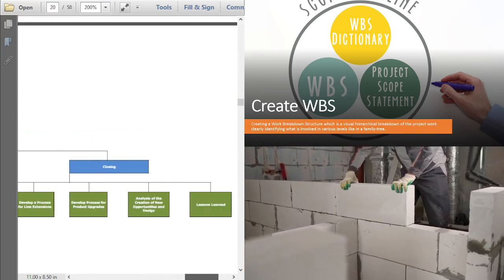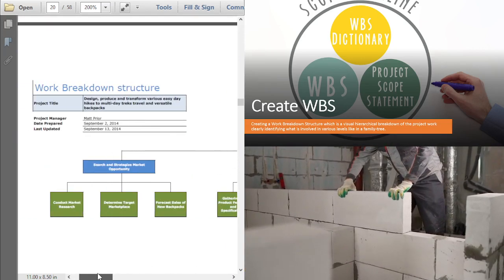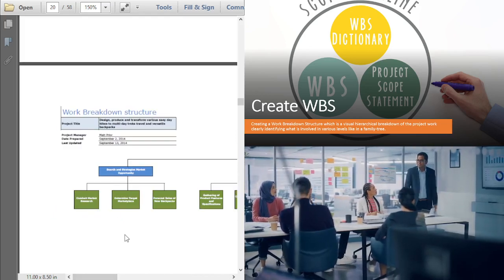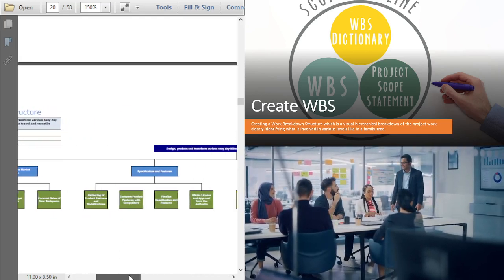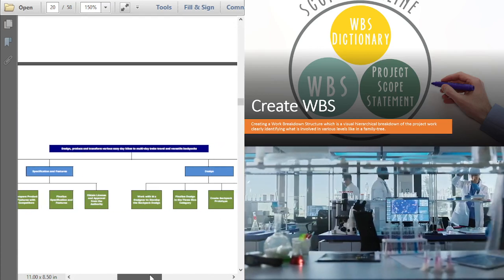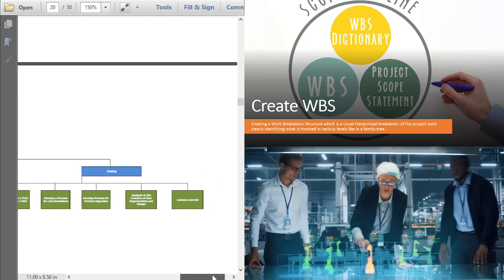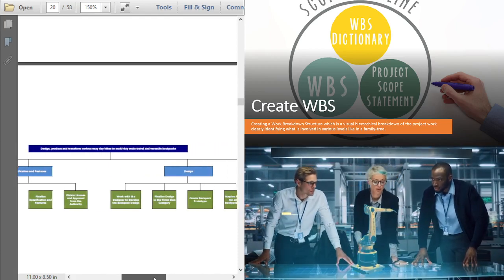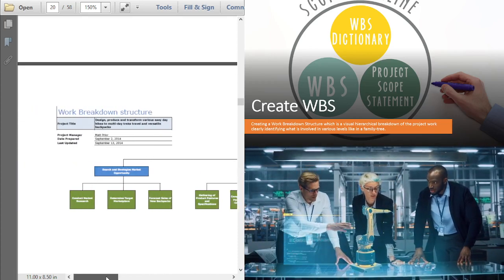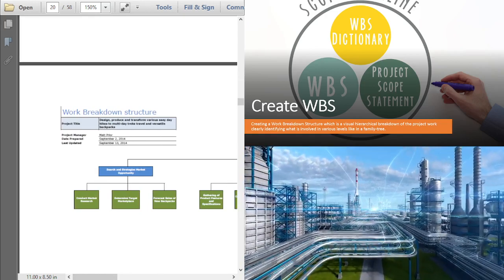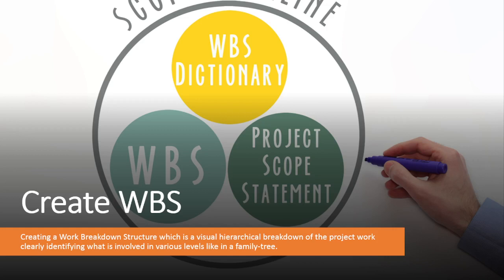It tapers up into sometimes several layers, but that's the general idea. It just shows you how the work is broken down from the top level, which is the project level, all the way down to what we call the work package level. We'll talk a little bit more about that later on.